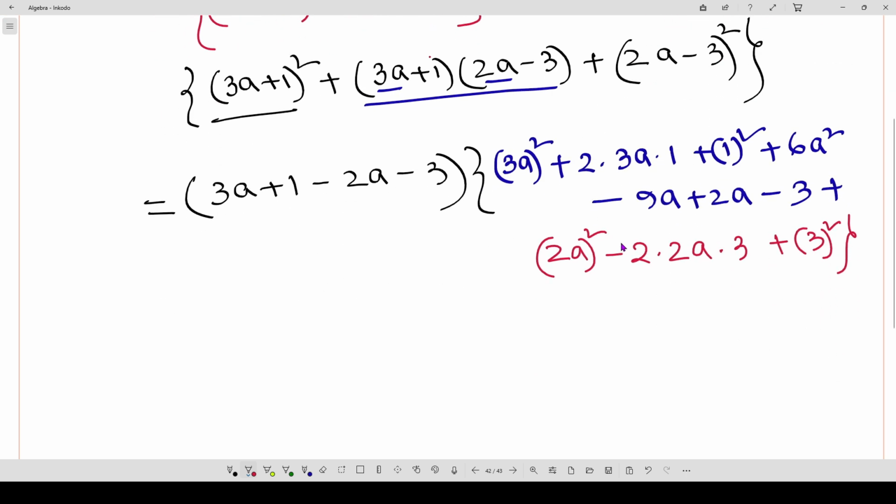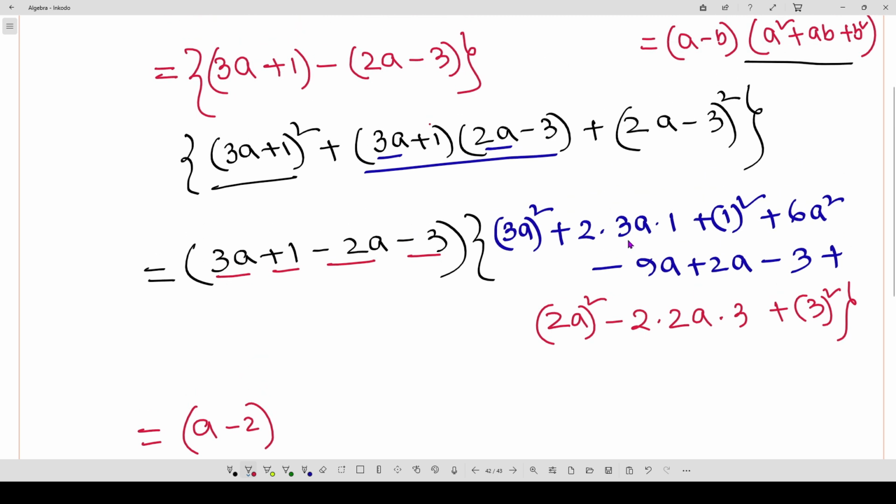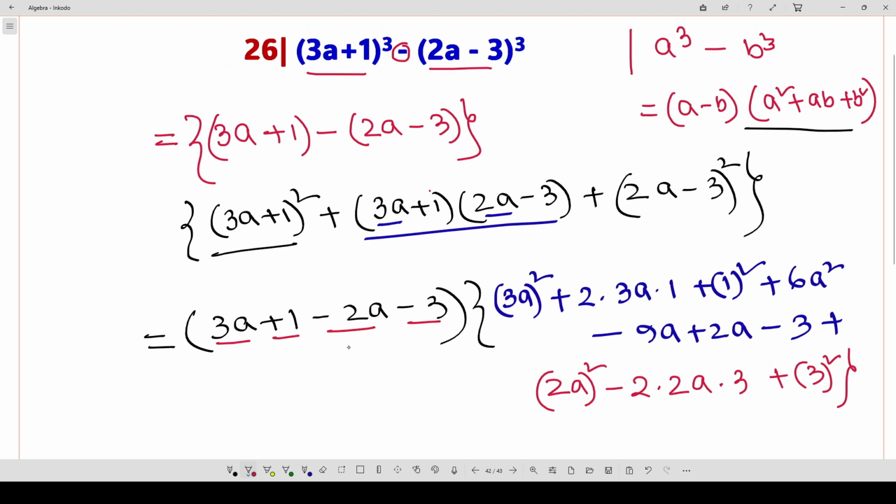So 3a minus 2a is a, and then plus 1 minus 3 will be minus 2, right? So the first part is done. Is it okay? No. Look, one big mistake happened.